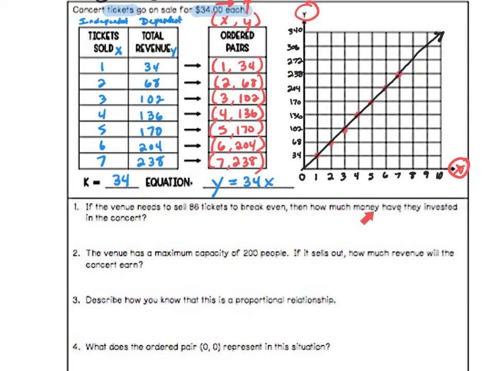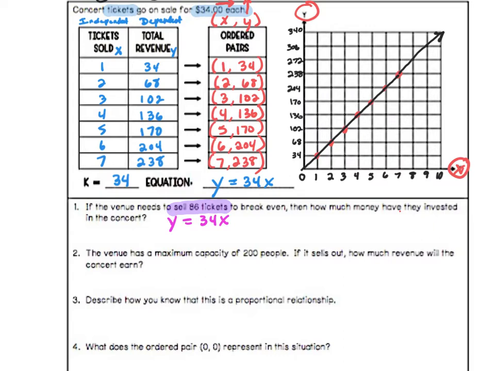And then it says how much money have they raised. Well, Y is the money column. So we're going to first put our equation into play. We have this equation, Y equals 34x. We're also given some information. They need to sell 86 tickets.